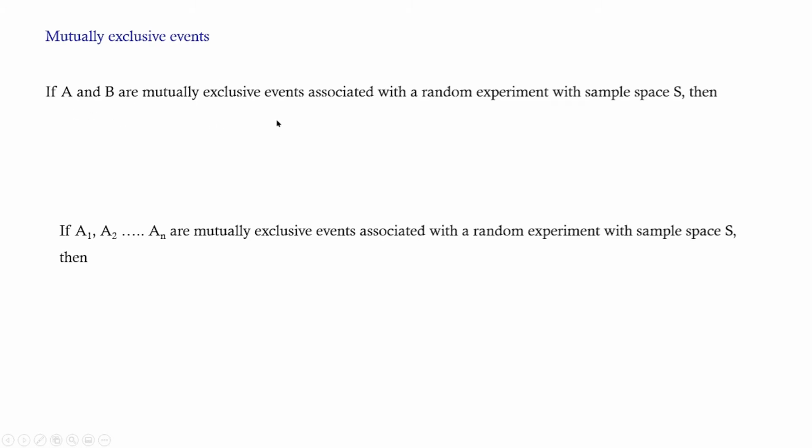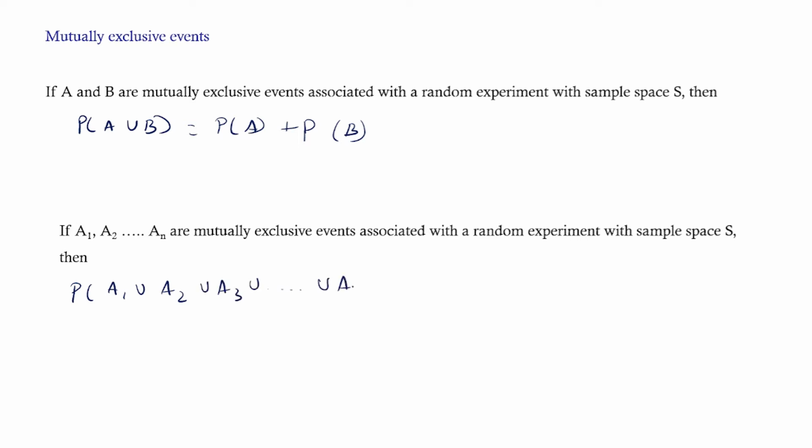If A and B are mutually exclusive events associated with a sample space S, then we have probability of A union B equal to probability of A plus probability of B. Suppose we have A1, A2, up to An, n mutually exclusive events associated with a random experiment with sample space S. Then we have probability of A1 union A2 union A3 up to union An equal to probability of A1 plus probability of A2 plus up to plus probability of An.